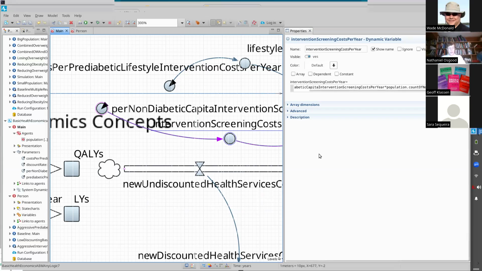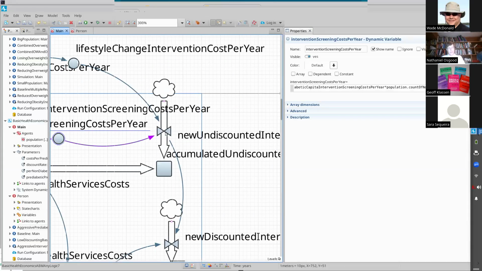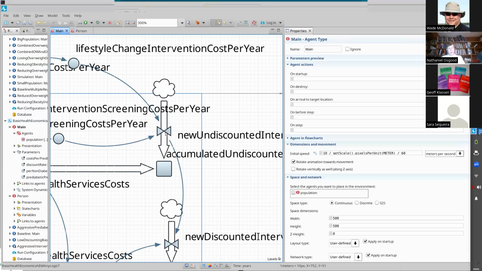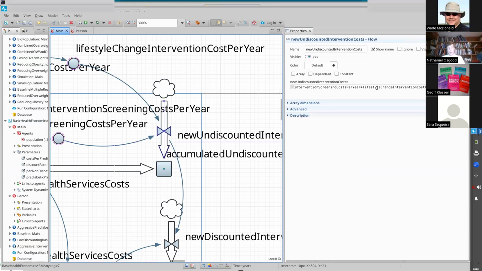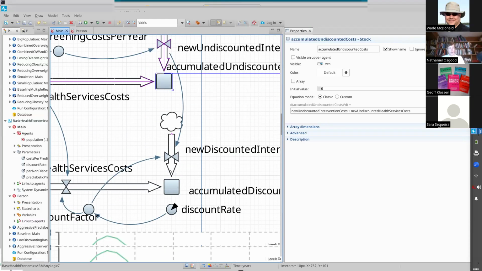And that yields another total of cost per year that flows into here, associated with this flow. So this simply adds those up and it flows into here. So we have this mixing of health services cost and costs borne by the intervention.